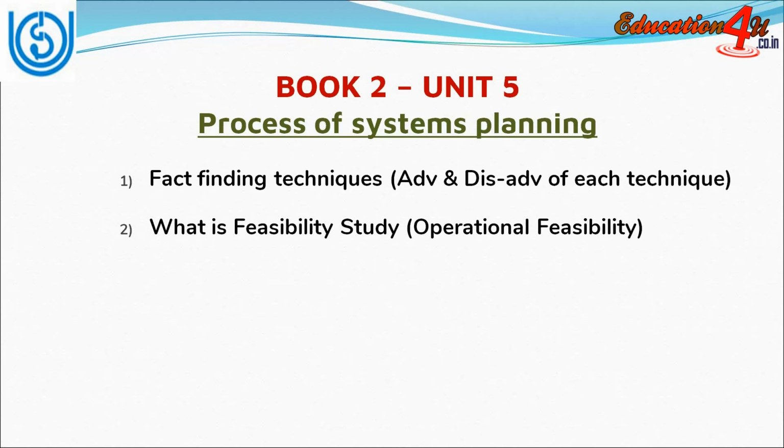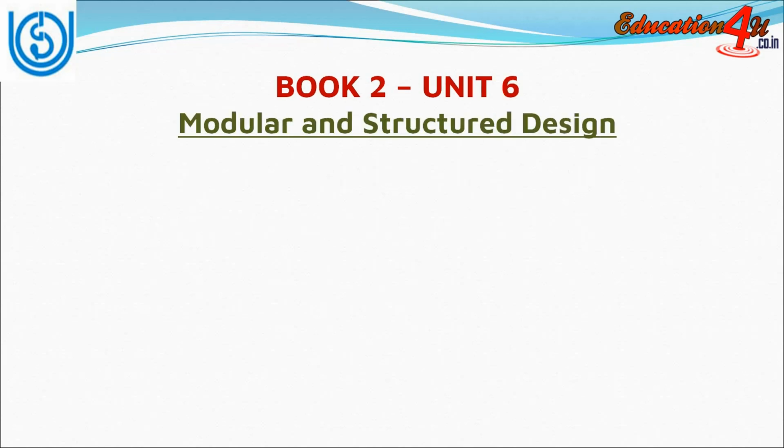Amongst them operational feasibility is very important, you should know, but I would suggest you go through all types of feasibility study and learn it, because in future you will have to have this knowledge.